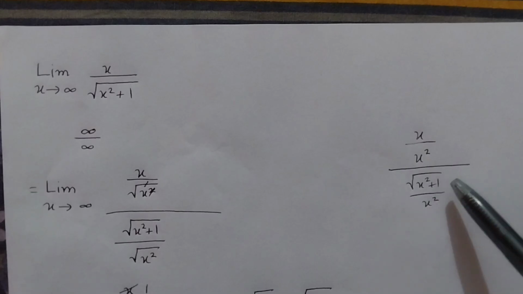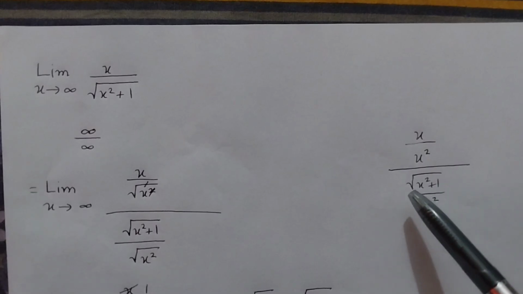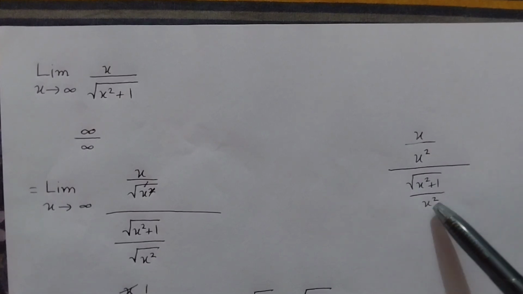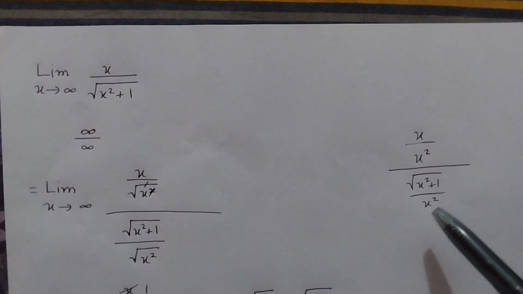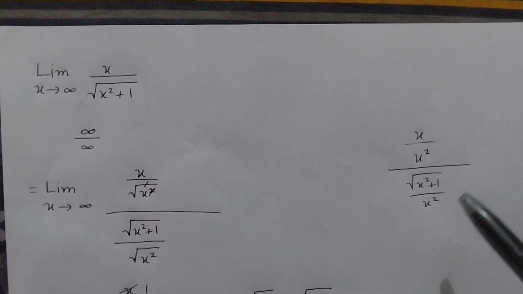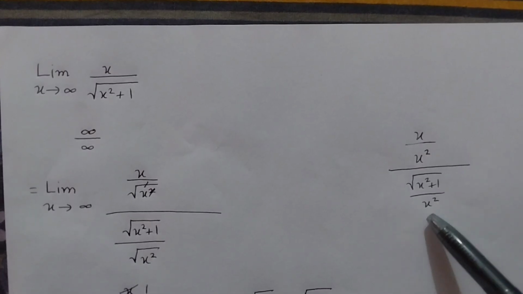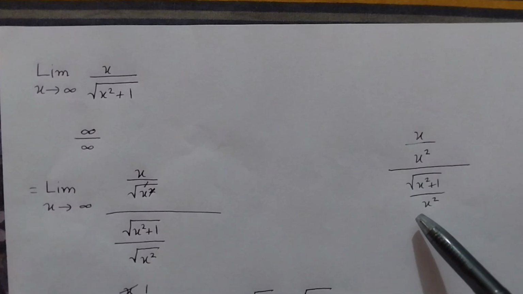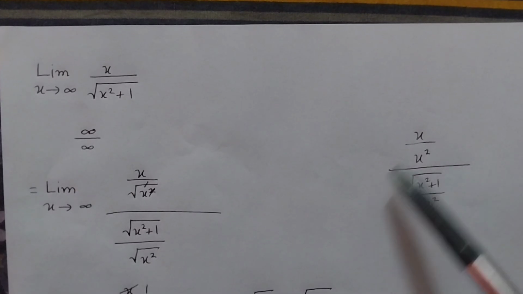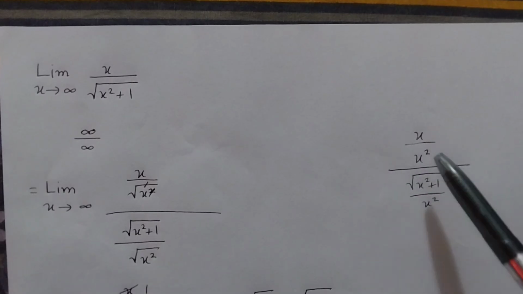So if you want to get rid of this square root, or if you want to divide x squared and 1 separately by this x squared, you must divide both the numerator and denominator by the square root of x squared, because if you do it this way, this is not helping you.